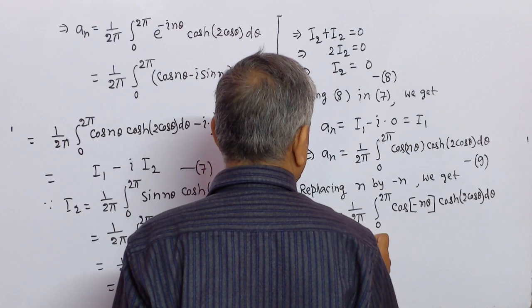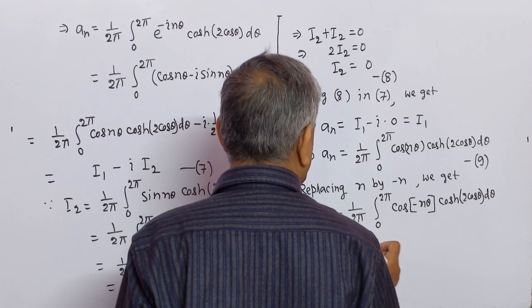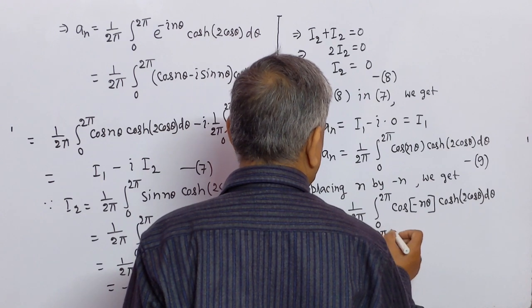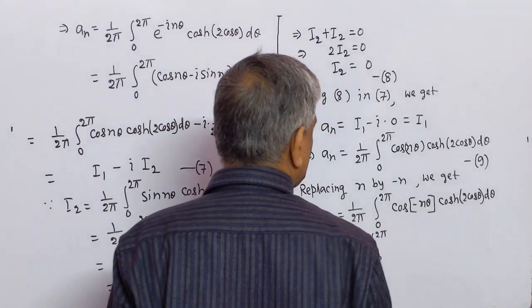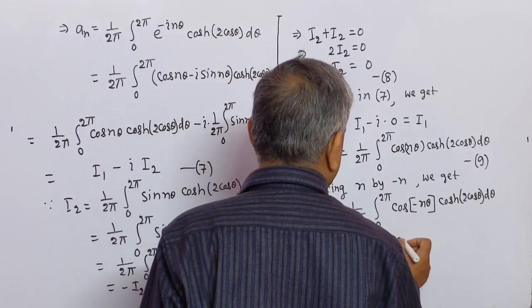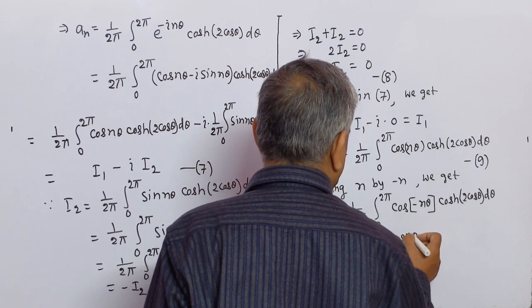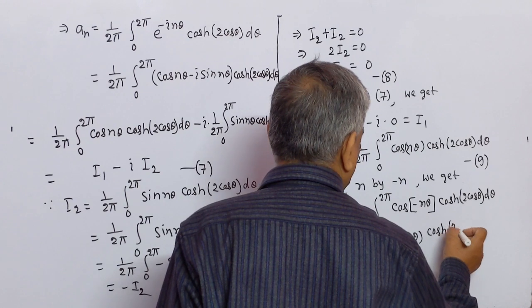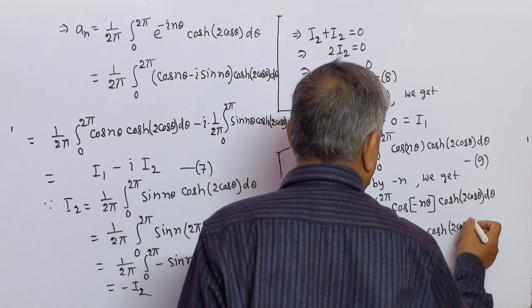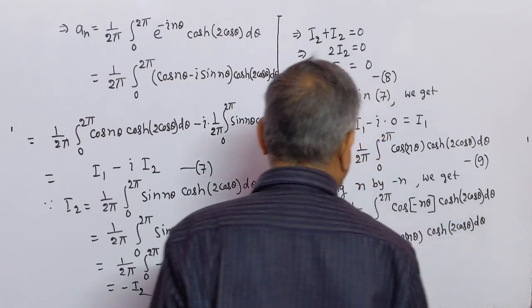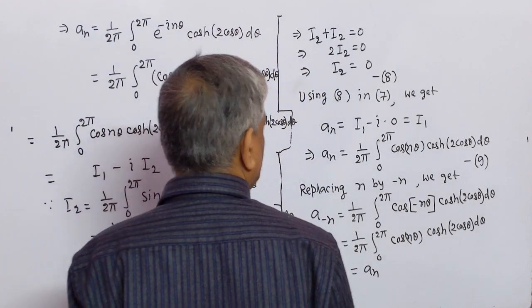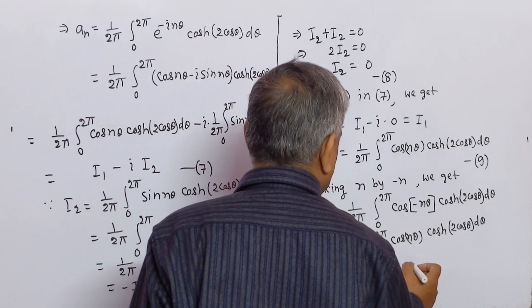This is equal to 1 by 2 pi integration limit 0 to 2 pi. Cos minus theta is cos theta, so this is cos n theta cosh(2 cos theta) d theta, and this is equal to a n. This is number 10.